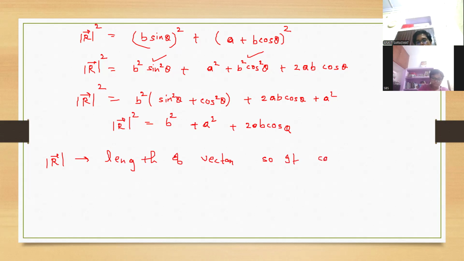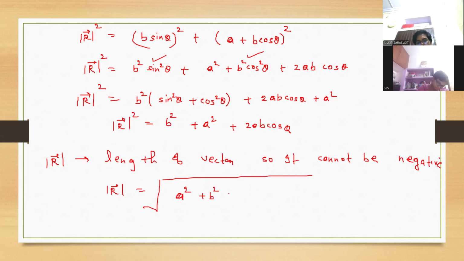Clear? Very important, never say mod R is negative, because length cannot be negative. So mod R will be under root A square plus B square plus 2AB cos theta.